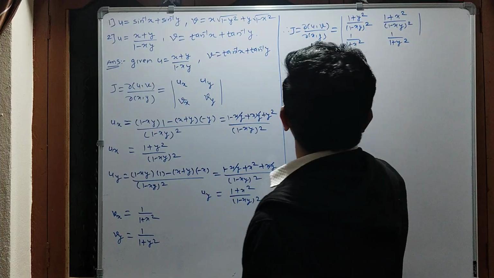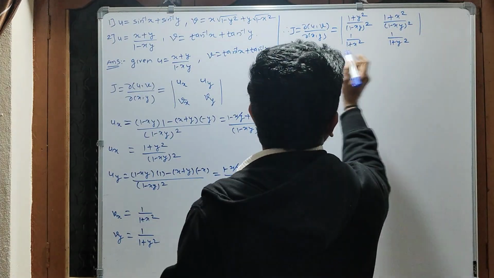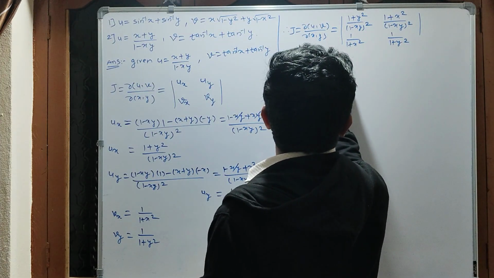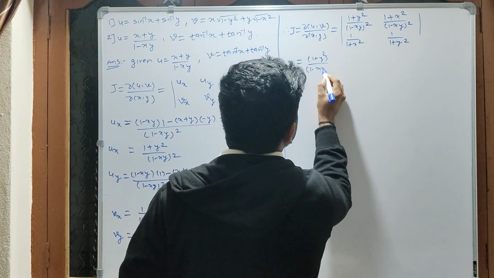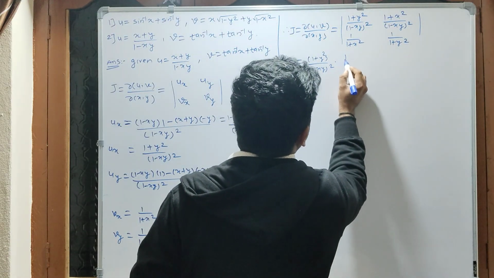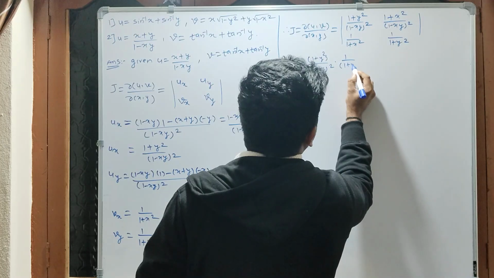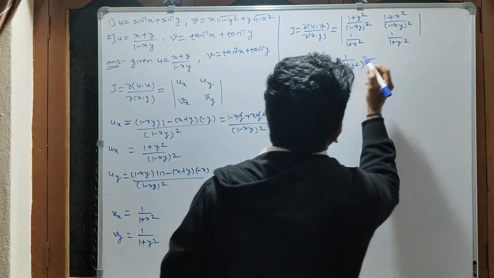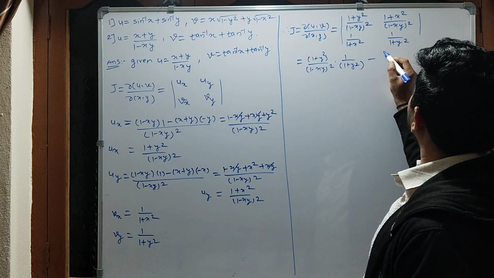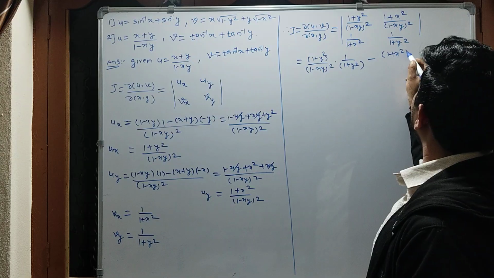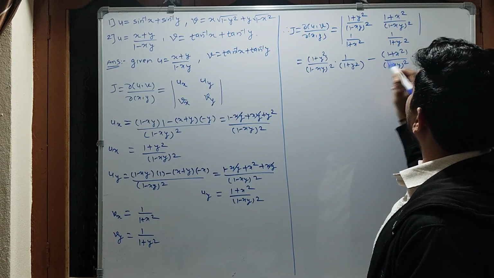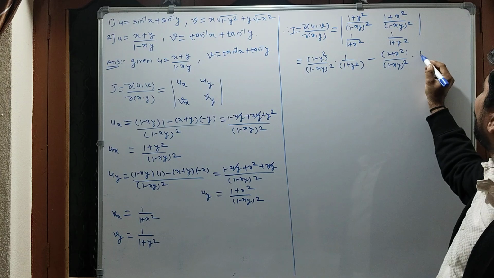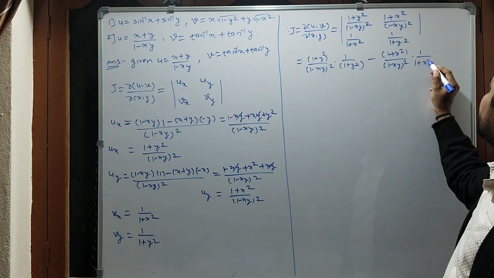This equals (1 plus y square) divided by (1 minus xy) whole square into 1 by (1 plus y square), minus (1 plus x square) divided by (1 minus xy) whole square into 1 by (1 plus x square).